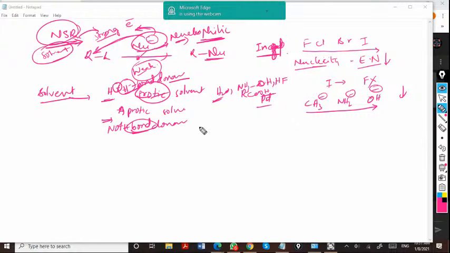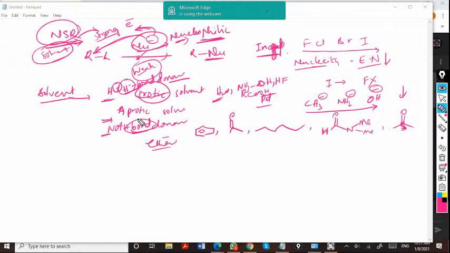For example, benzene, acetone, hexane, and DMF, dimethyl formamide. DMSO, dimethyl sulfoxide, which has two methyl groups and a sulfoxide. And all ethers. These are aprotic solvents.